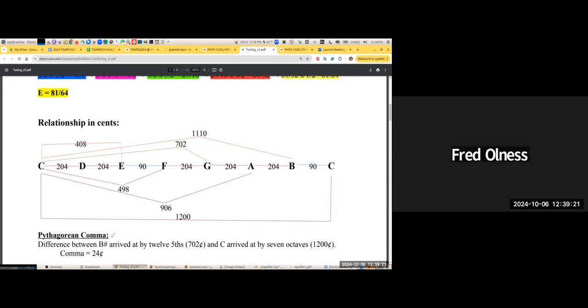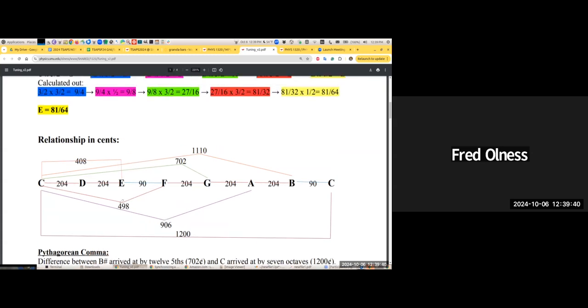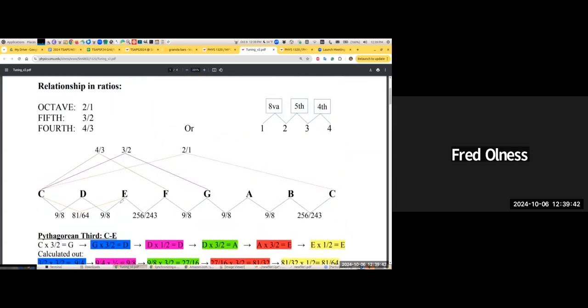Okay, so again, what are the problems? It has a bad third. It has a bad minor second, and then if you try to use the cycle of fifths to come around again, your B sharp is not going to equal C as it should. And again, let me scroll up a little bit and just repeat that.